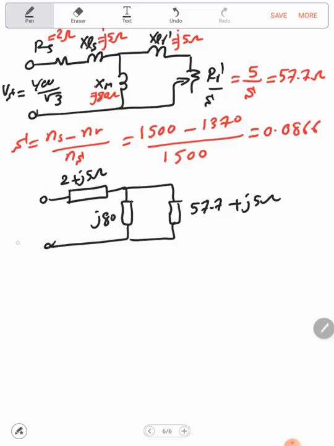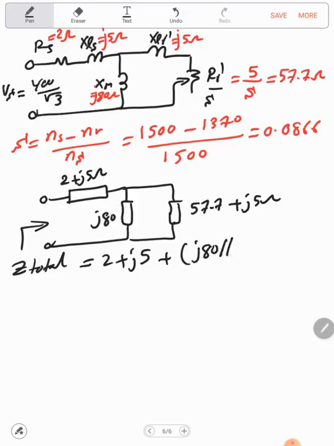So now we can calculate Z total, which equals 2 plus j5 plus j80 parallel with 7.7 plus j5.